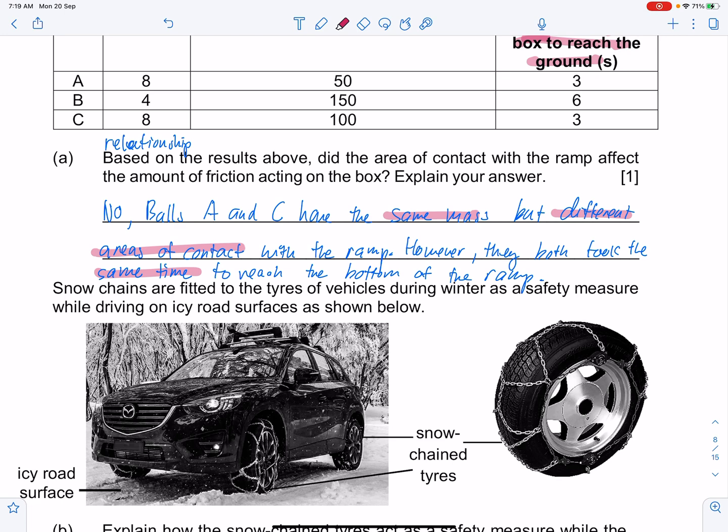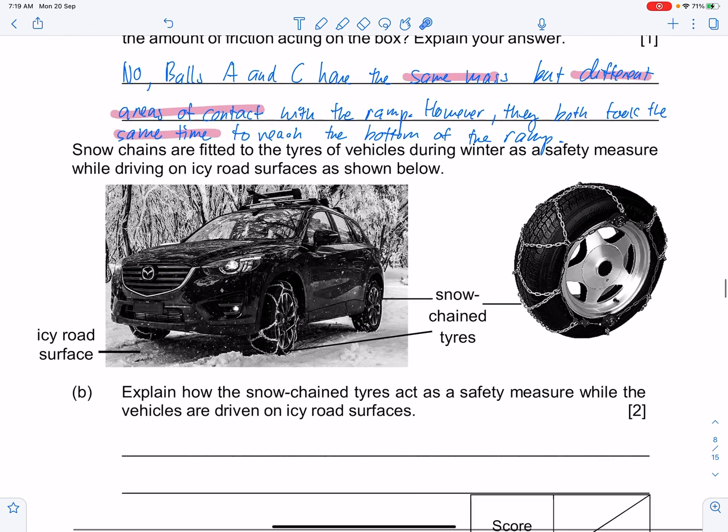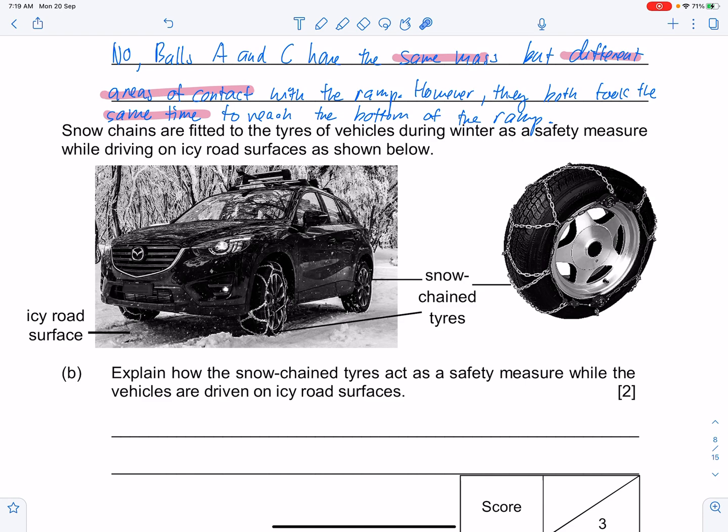Okay, so the next part over here, snow chains are fitted onto the tires of vehicles during winter as a safety measure while driving on icy roads. Explain how the snow chains act as a safety measure while the vehicles are being driven on icy roads.